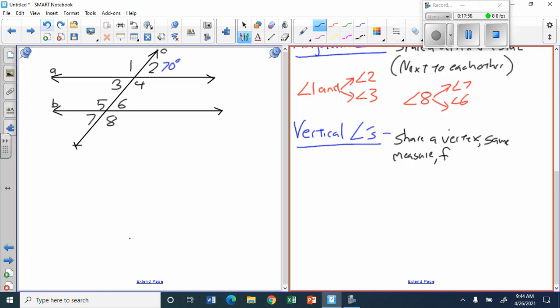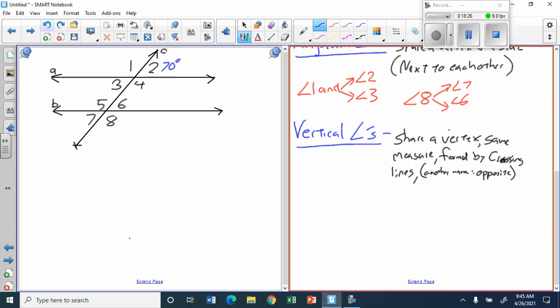And they're formed by crossing or intersecting lines. Another name is opposite.